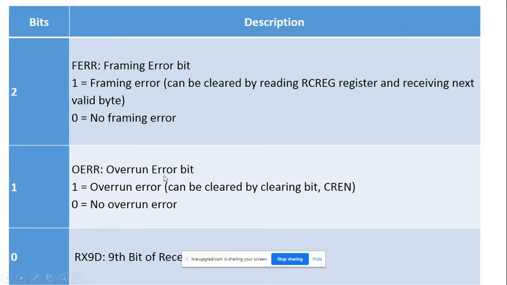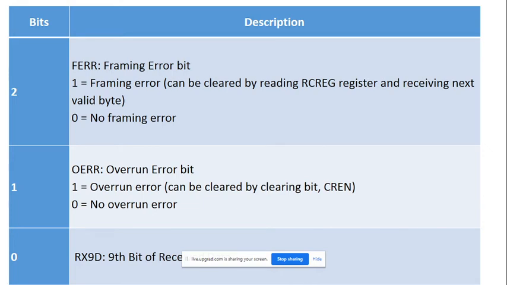Similarly, the overrun error bit means when you are transmitting the package from one device to another, suppose an error generates in between, then the overrun error bit will become 1, and suppose there is no overrun error, it will remain 0. Then the next bit is bit number 0, that is the location for the ninth bit received, or suppose you are enabling the ninth bit.